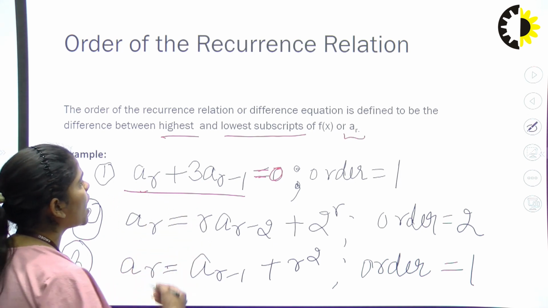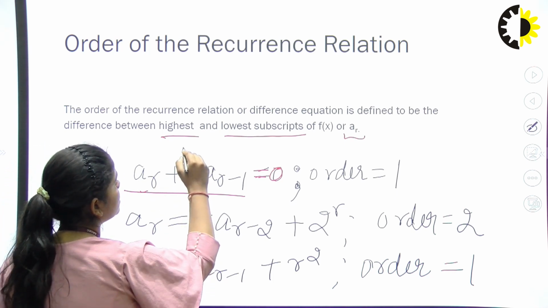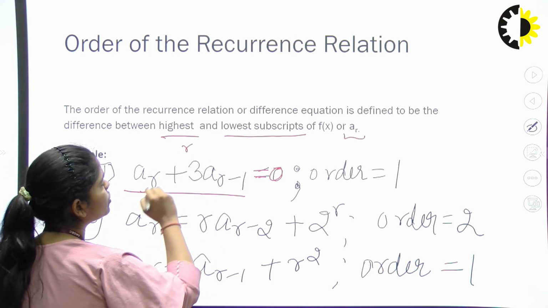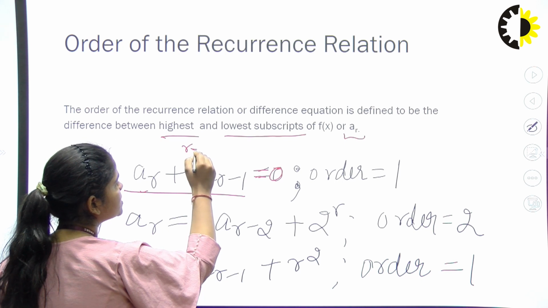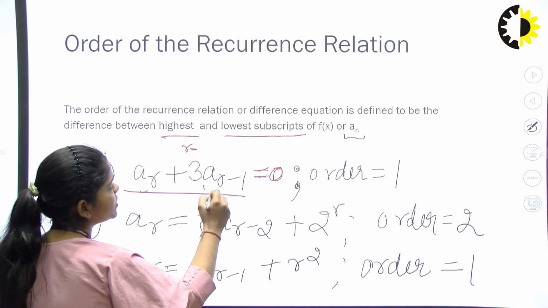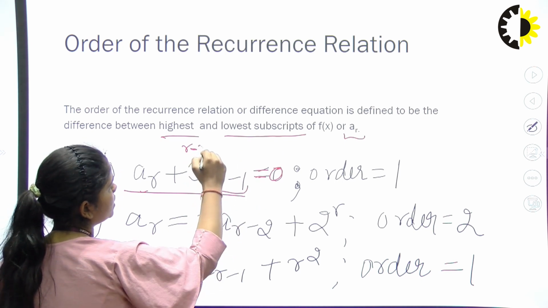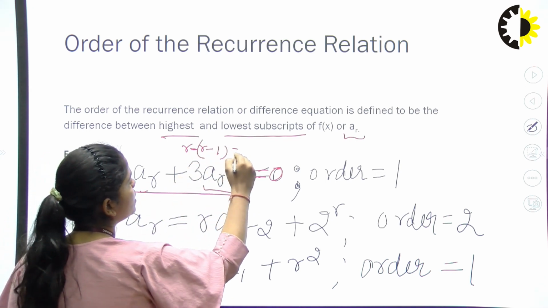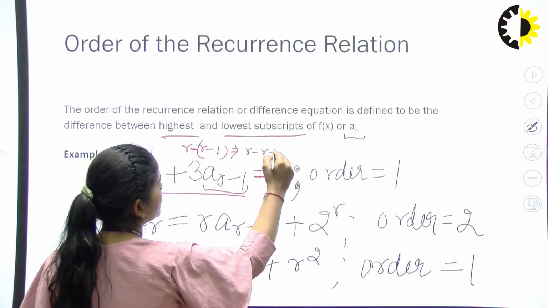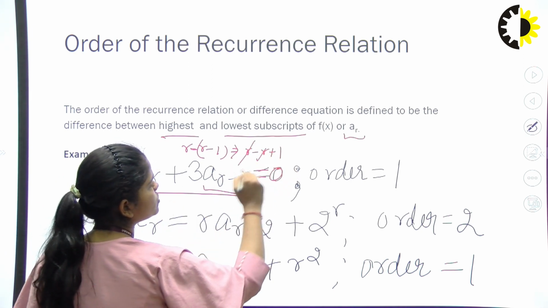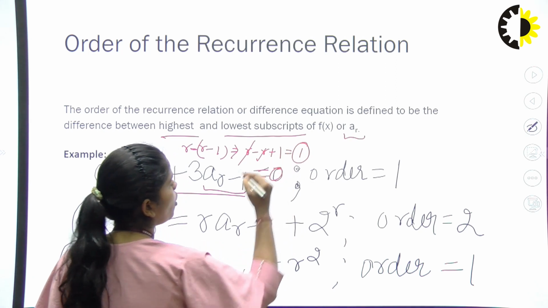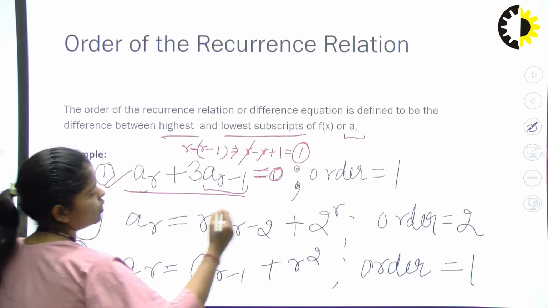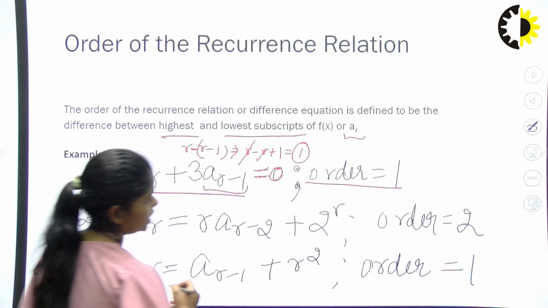So what will be the highest subscript here? r is the highest subscript, and the lowest subscript is r minus 1, so we subtract r minus 1 from r, and we get r minus r plus 1. Cancelling the two r's, we get 1 as the order of that relation.